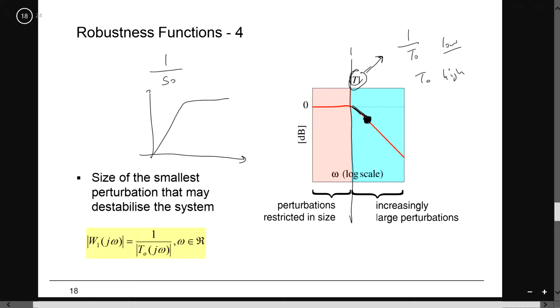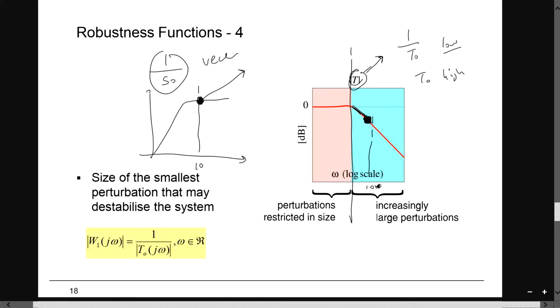So if you go into this system, for example, this is maybe 10 omega, the frequency is 10. At the same time, the frequency at the 1 over S naught, or the vector margin, is at this point right here. You're going to have a peak.